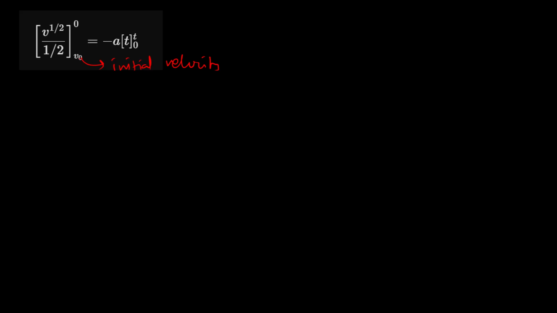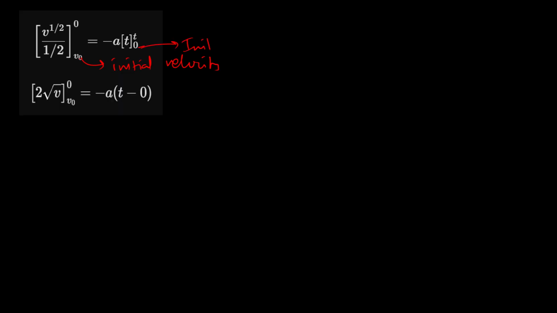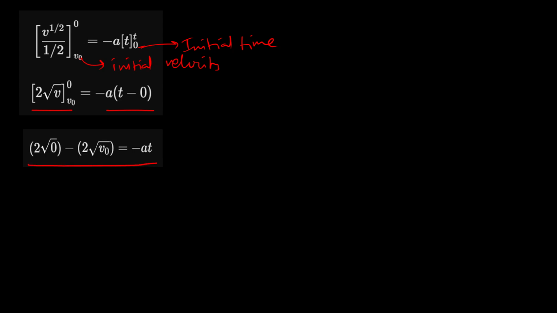Dividing by 1/2 is the same as multiplying by 2, so we have 2 root v evaluated from v naught to 0 equals negative a times the quantity t minus 0. Substituting the limits, we get 2 root 0 minus 2 root v naught equals negative a t. The first term is 0, which simplifies our equation to negative 2 root v naught equals negative a t.